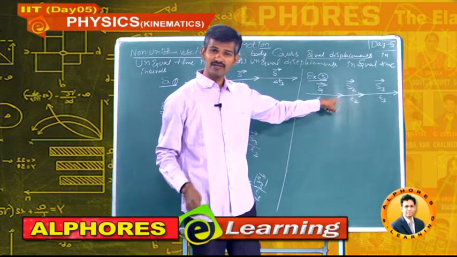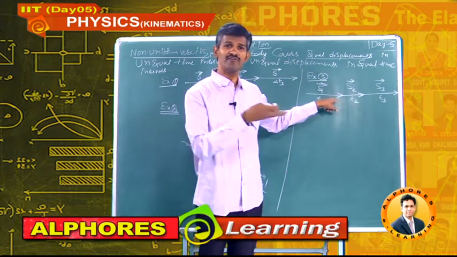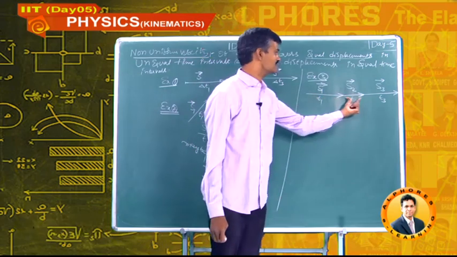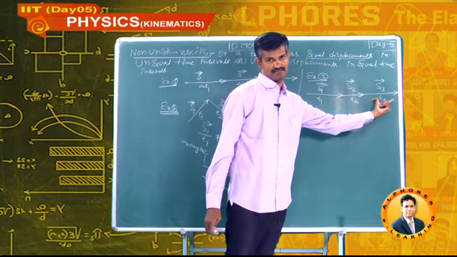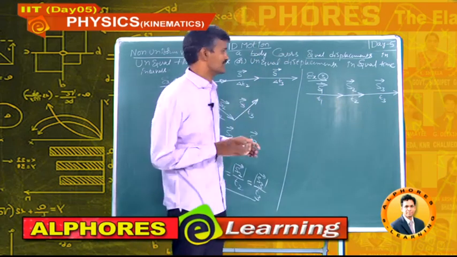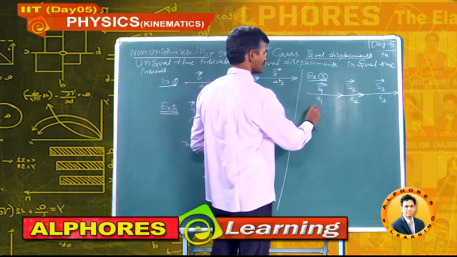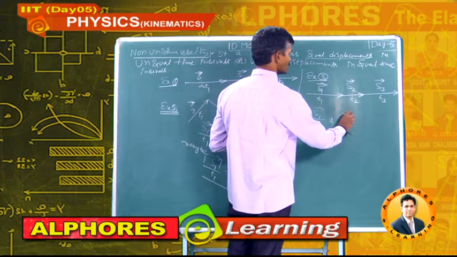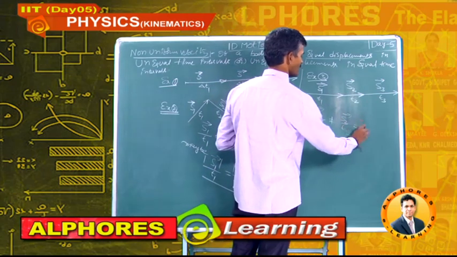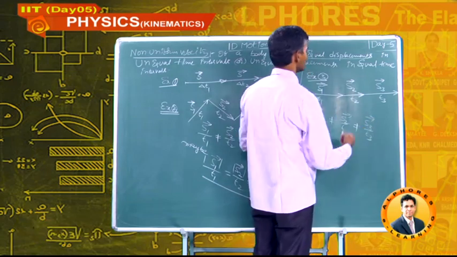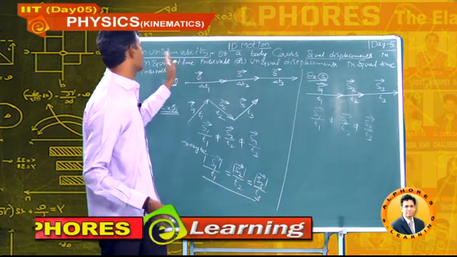Then this body is said to be moving with a non-uniform velocity. Why? Because this length is smaller, then larger, and this length is smaller, and again larger. So the body's displacement is different for different time intervals. So, in this case, S1 bar by T1 is not equal to S2 bar by T2, which is not equal to S3 bar by T3. Then the body is said to be moving with non-uniform velocity.